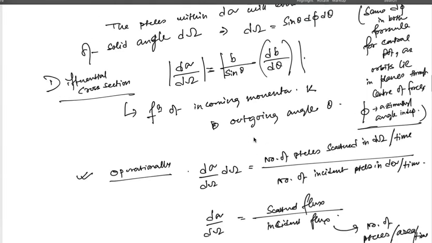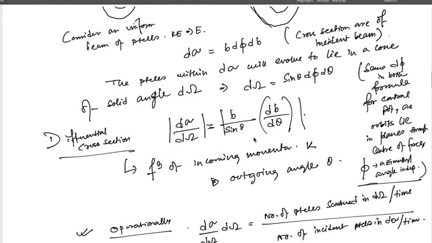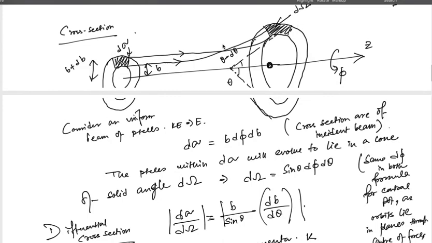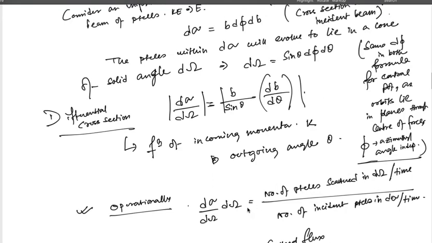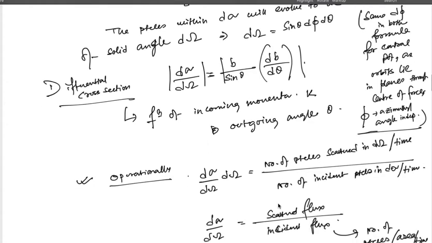This is basically the number of particles that are scattered within this solid angle per unit time, and this quantity is the number of incident particles in that region per unit time.